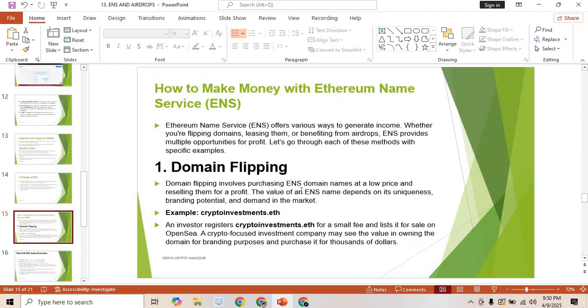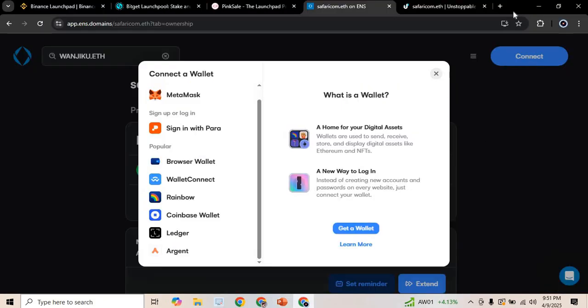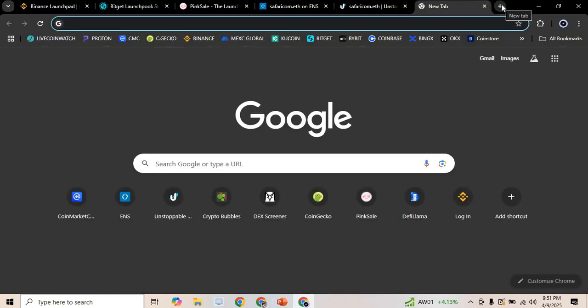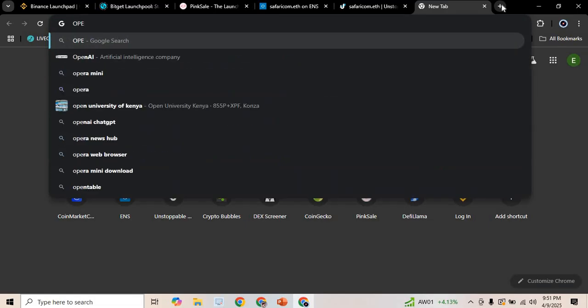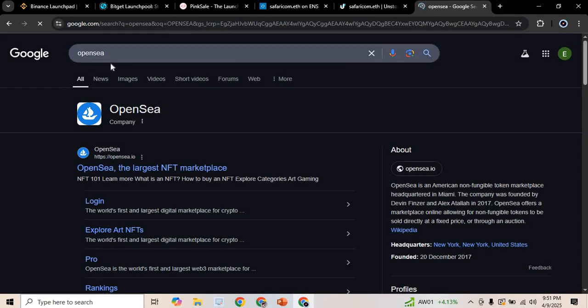The value of an ENS depends on its uniqueness, branding potential, and the demand in the market. For example, cryptoinvestment.eth: an investor registers that for a small fee and lists it for sale on OpenSea. OpenSea is basically a site that also lists NFTs. We'll look at NFTs sometime next week, but this way you can list NFTs.